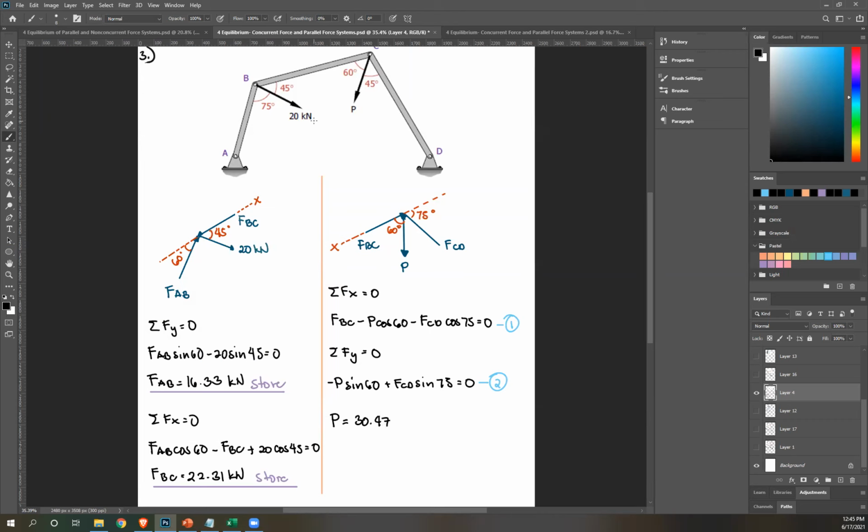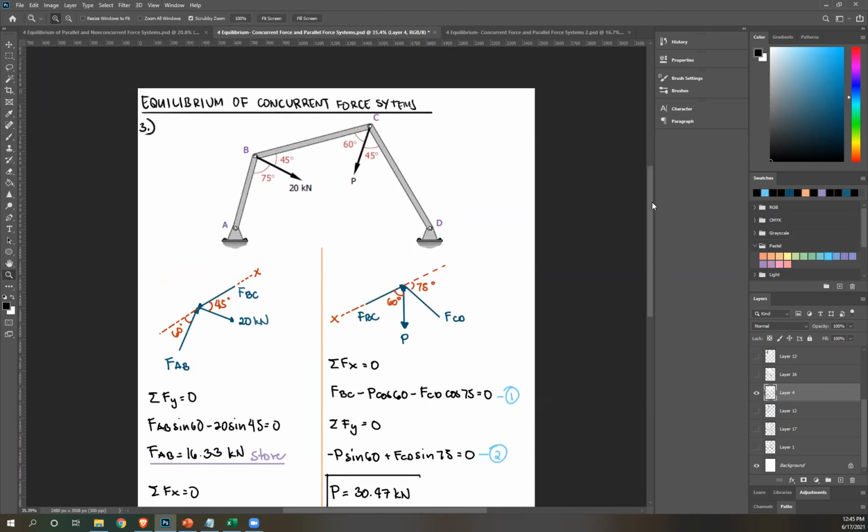Then unit, kilonewton. So I need 30.47 kilonewtons to put the entire system into equilibrium. And if you've noticed, all of our values are positive, meaning the assumptions for directions for FAB and FBC are correct. Okay?